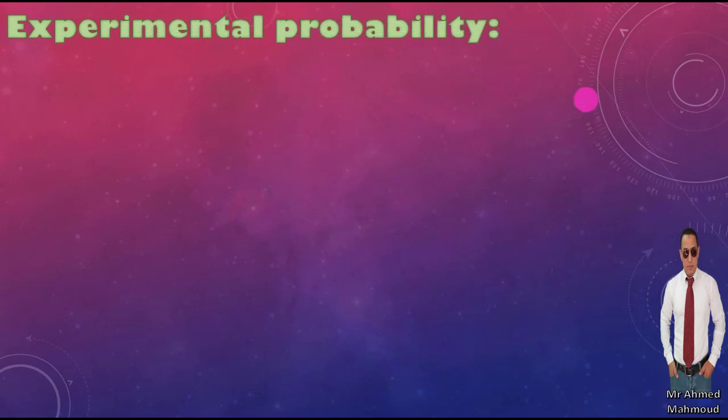First, we are going to study experimental probability. This is a new concept, okay? Experimental probability is the probability we use in actions or experiments.